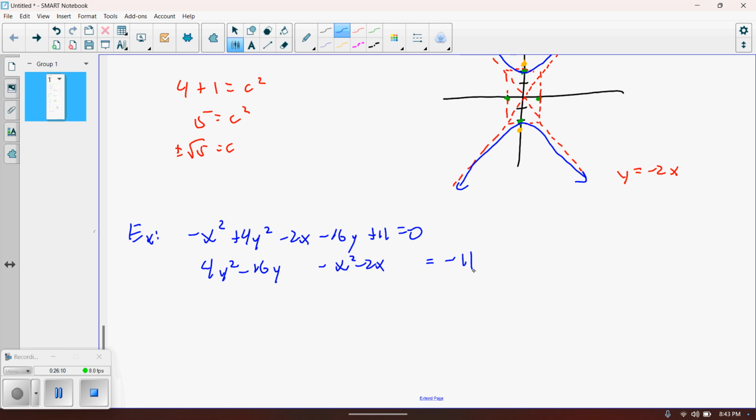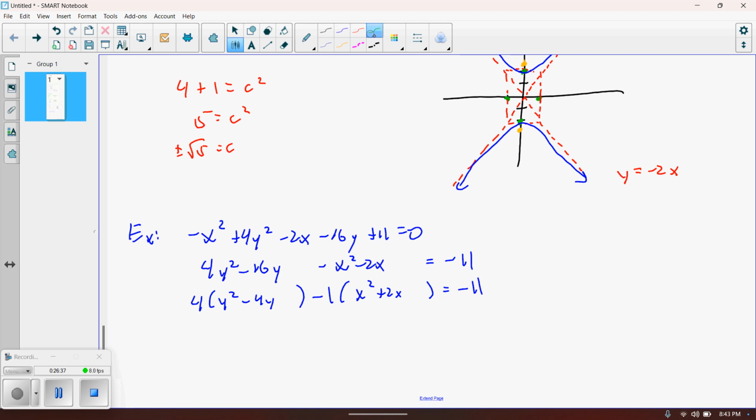All right, with the y squared, because I have a coefficient other than 1, I need to factor out that 4. So we're going to write that as 4 times y squared minus 4y, and once again, leave a space. And in the x one, I'm going to factor out the negative. So basically, it's a negative 1 out there. And then we'll have x squared plus 2x, leave a space.